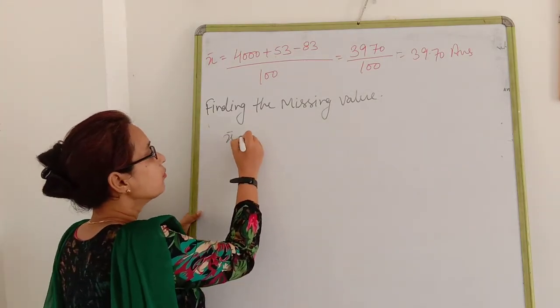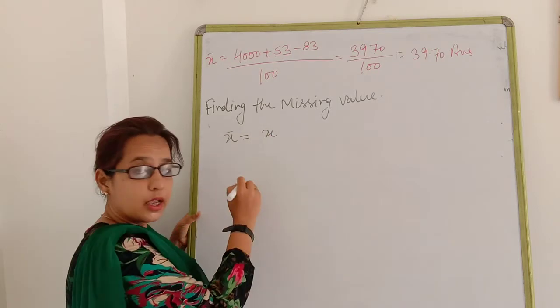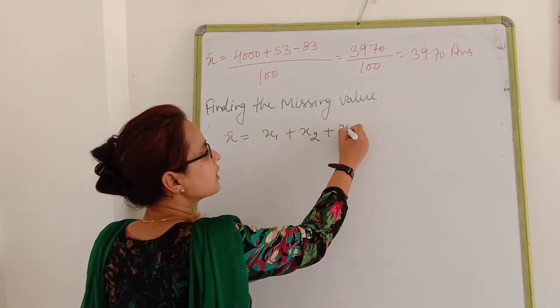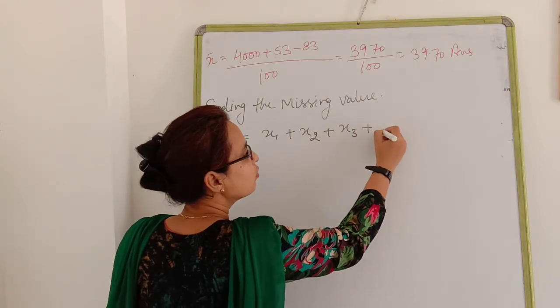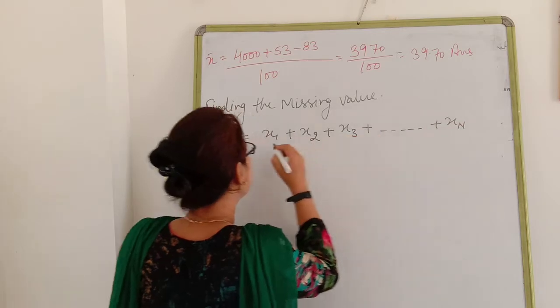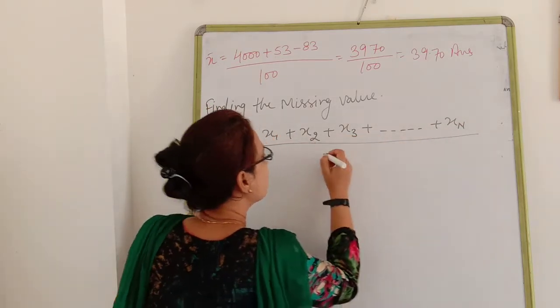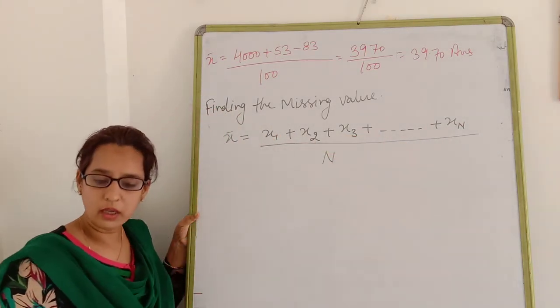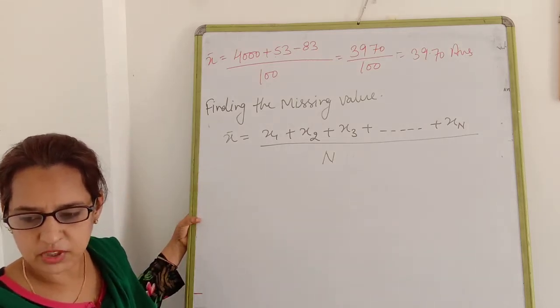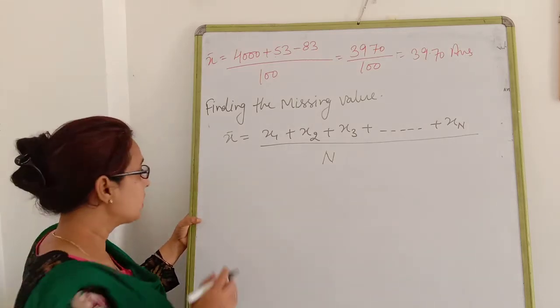X bar equal to x1 plus x2 plus x3, suppose x4 has been left out, plus xn, divided by n, the number of items. Clear? Now this is very easy. I am just giving you one example.